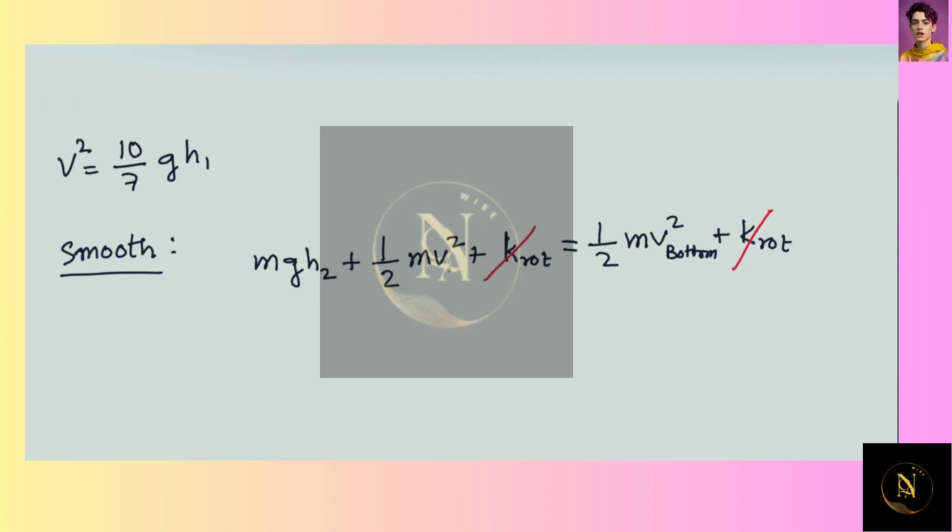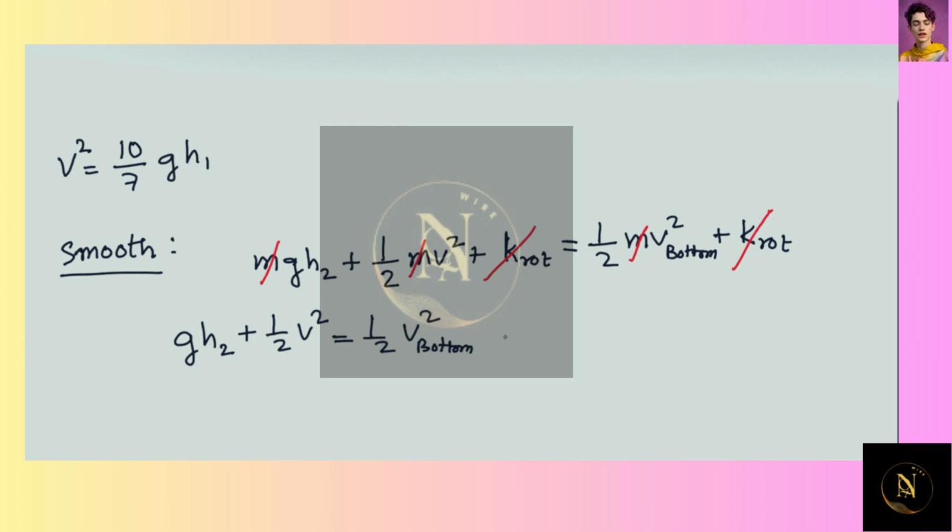Now all we have is this, where we can also get rid of the m parts. If we clean this a bit, we have gh2 plus half of v squared equal to half of v bottom squared. Here we can use the information that v squared is 10 over 7 gh1.